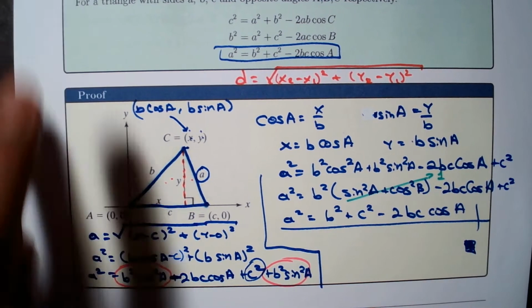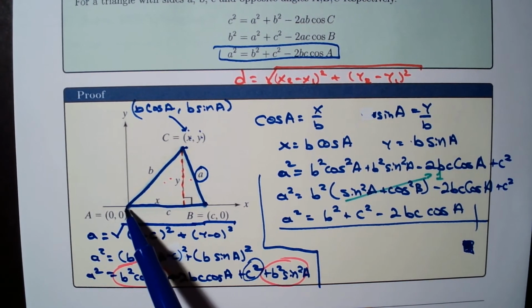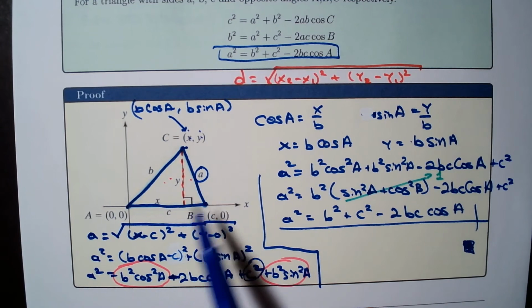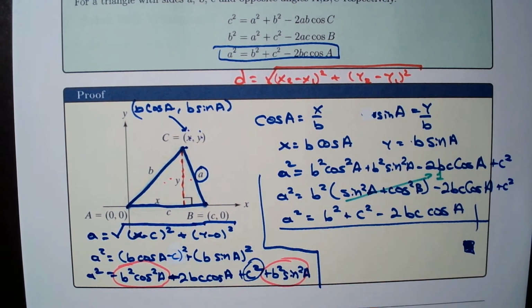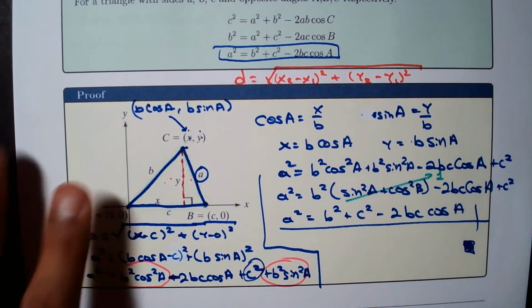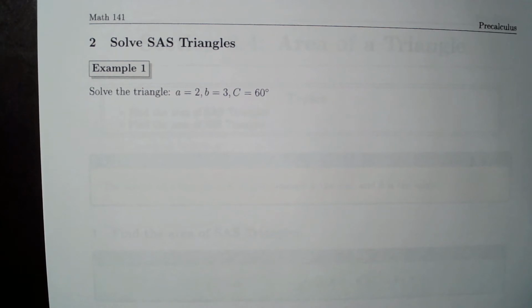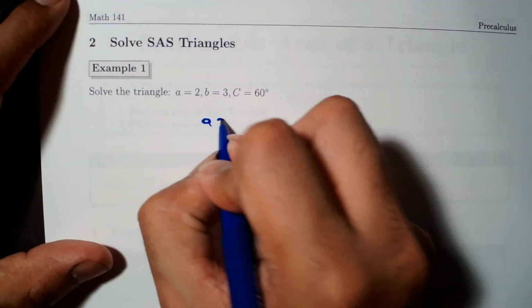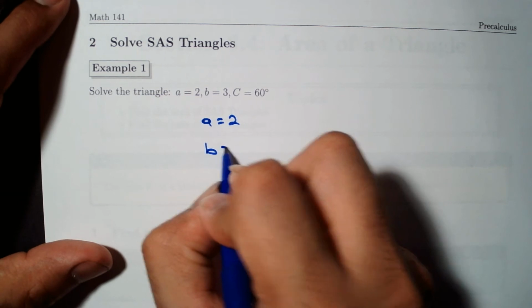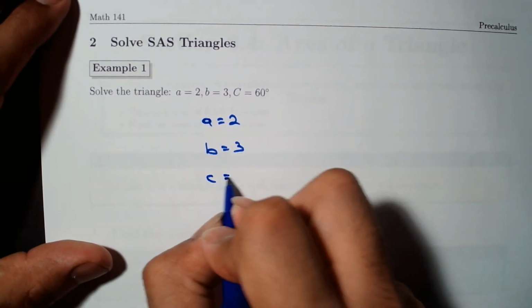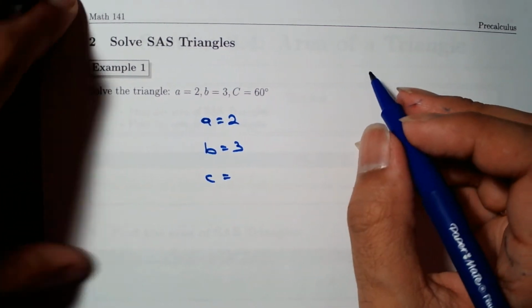And of course, you can do the same process by just interchanging the labels, and you will end up with this formula. All right, let's apply the law of cosines to a couple of examples. So let's solve an SAS triangle. Solve the triangle a equals 2, b equals 3, c unknown.